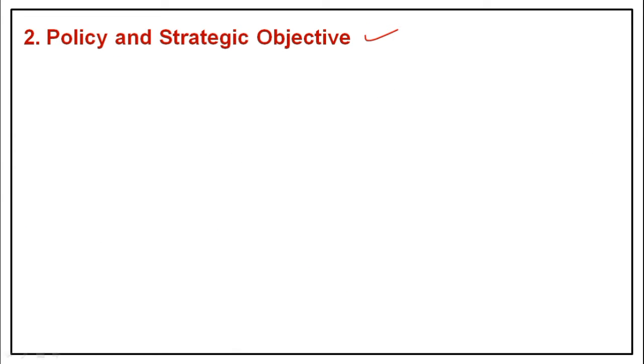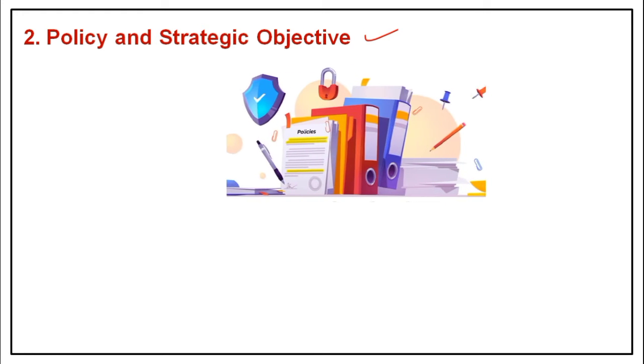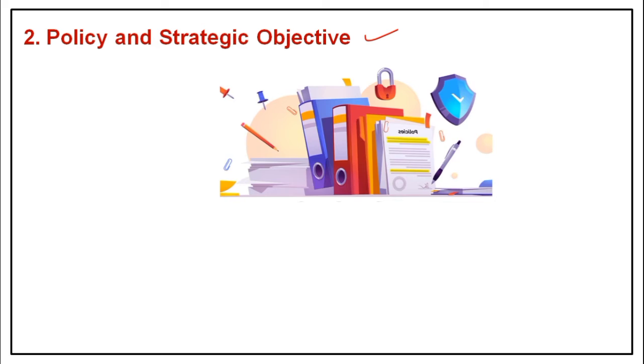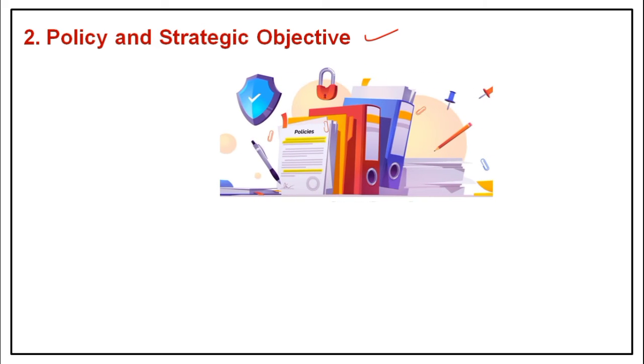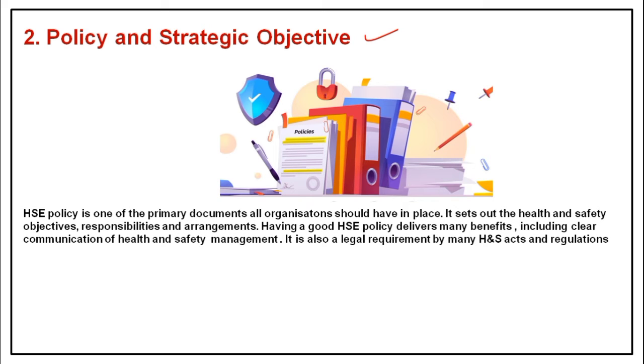Second one is policy and strategic objectives. The health and safety policy of an organization is an important legal document that sets out the organization's aims with regards to health and safety, explains who is responsible for achieving these aims and how the aims are to be achieved. Friends, HSE policy is one of the primary documents all organizations should have in place.